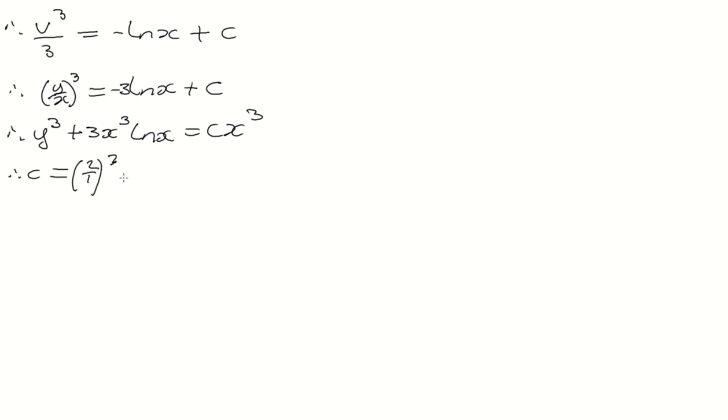Therefore, it's a plus 3 ln x, x is 1, so it means it's a 0, this thing here. C is equal to 8. Right? So therefore we conclude that for our particular solution, plus a 3 x cubed ln x is equal to 8 x cubed.